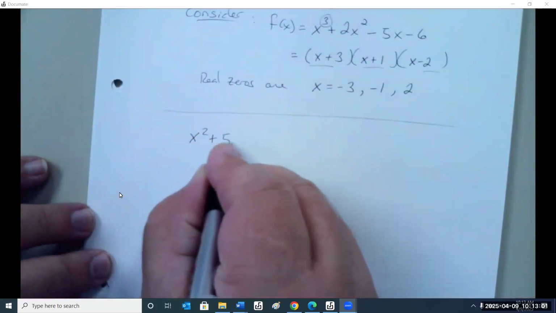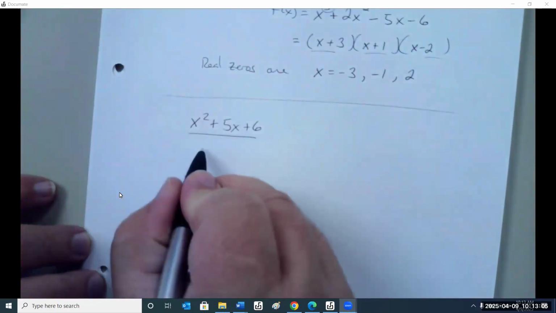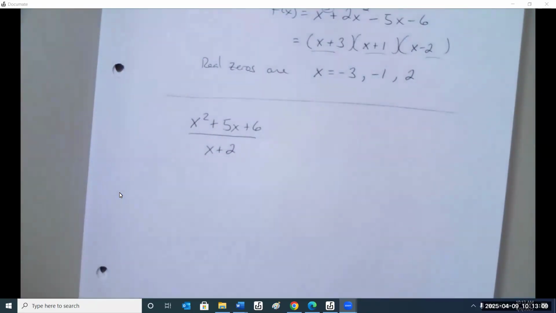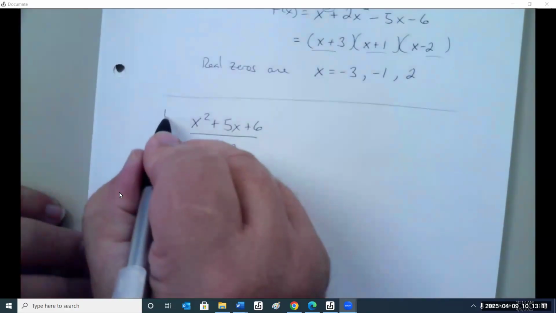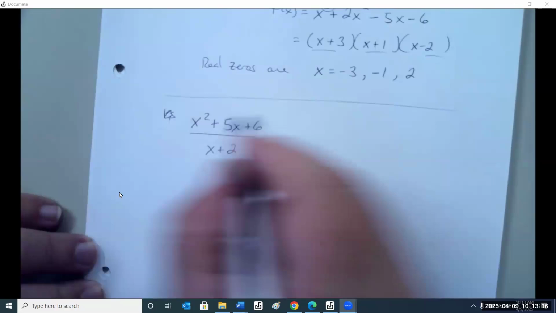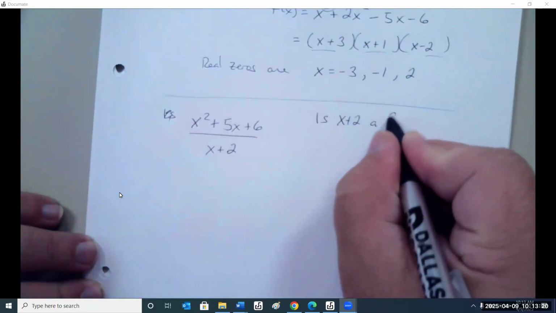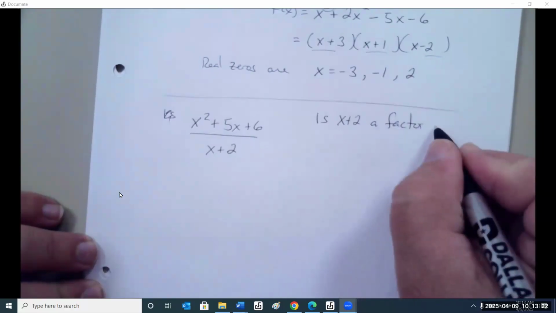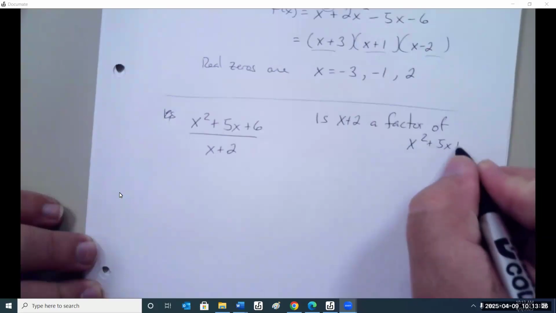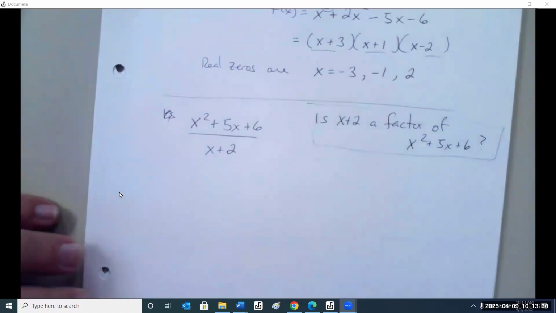x squared plus 5x plus 6. Is x plus 2 a factor of x squared plus 5x plus 6? That's the question that would have been posed.